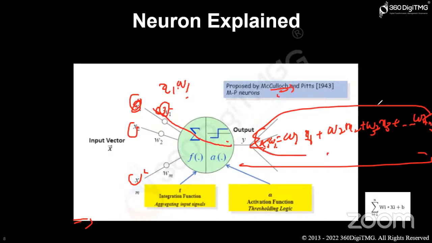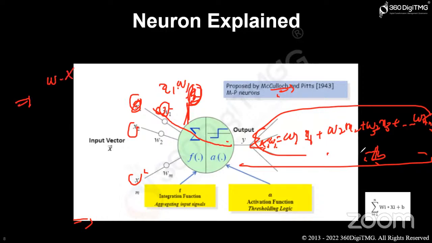This value is computed including one bias. Whenever we are using neural networks, we'll be having one bias so that it won't get into the zero value, so the neural network won't collapse. That is why we always use bias.